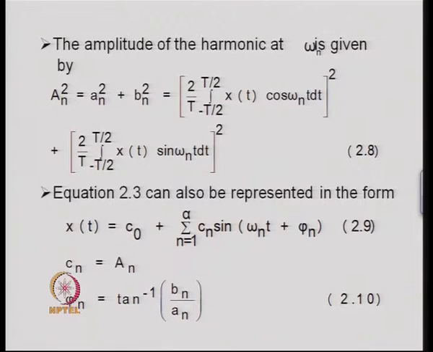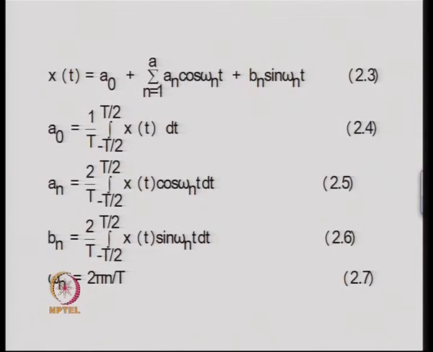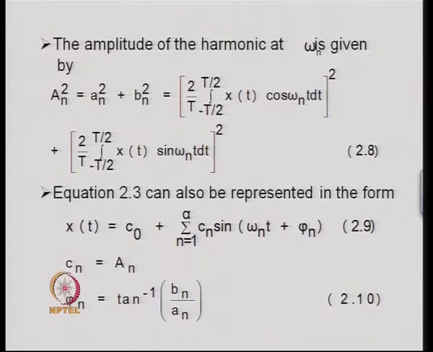The amplitude of the harmonic at any frequency omega_n is given by equation 2.8, that is, C_n squared is equal to a_n squared plus b_n squared, where a_n and b_n have been described before by equations 2.5 and 2.6, and they are squared to get the amplitude of the harmonic at omega_n.